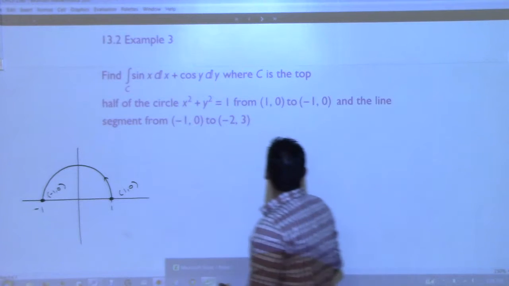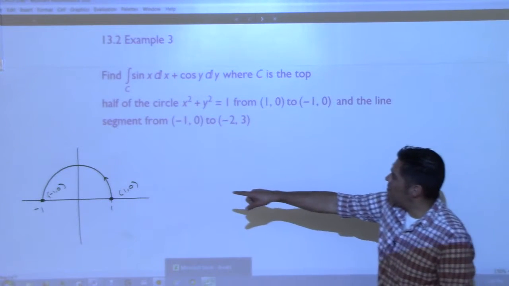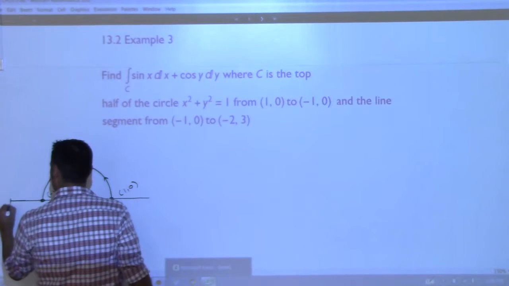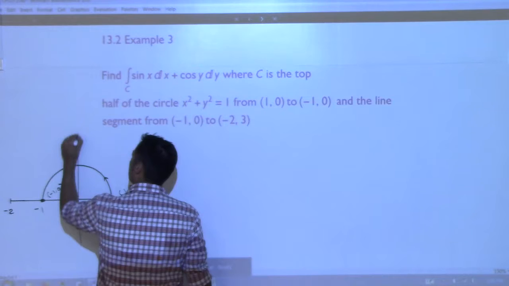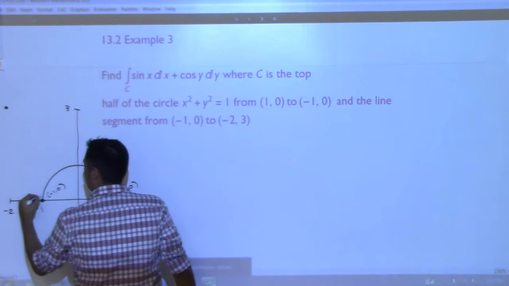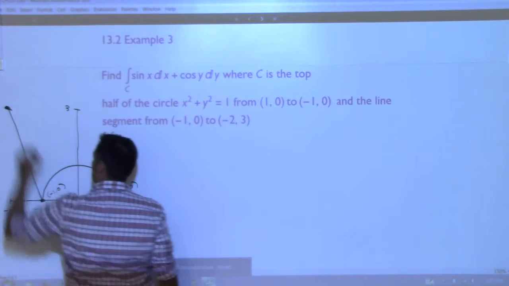And then we're not done. Then we go along the line segment from that point, (-1, 0), to (-2, 3). So negative 2, let's say out here, and 3 up, let's say is here. We'll just put it there, like that.